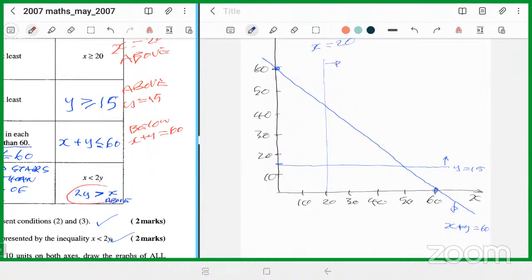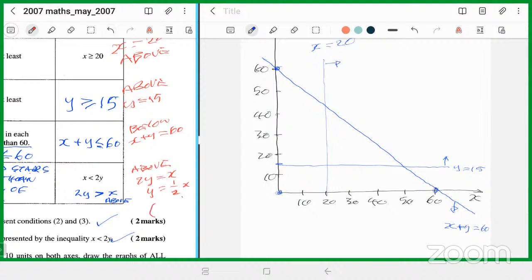So we're working with this one, which now means above, since y is positive, the line 2y equals x, which is the same as y equals half x. That line is going to pass through the origin, with a gradient of 1 over 2. We can put another point if you want, an x value of say 40 or 60.